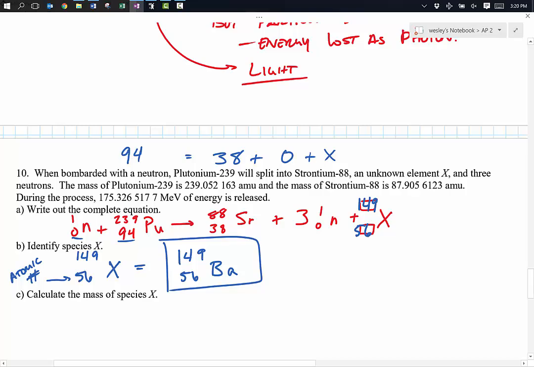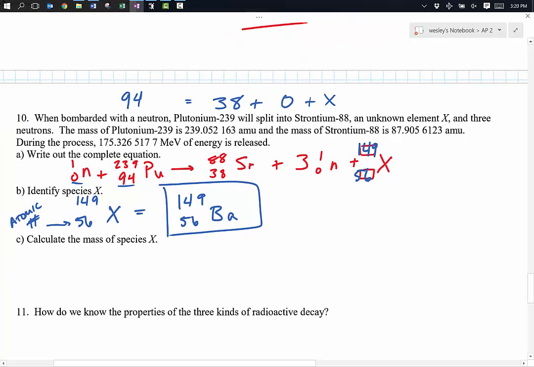And if we want to calculate the mass of this thing, and we'll do it in a couple of different ways, it's going to be fun. From our reaction, we have the mass of a neutron plus the mass of the plutonium is equal to the mass of strontium plus 3 times the mass of a neutron plus the mass of barium.